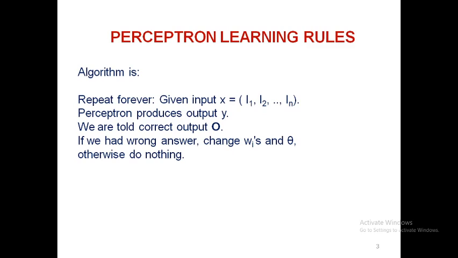The required output is O and the obtained output is Y. With the initially assumed weights and threshold, the perceptron obtains some output Y, but our required output is O. If we did not get the required output O, then we need to change the weights Wi and threshold theta. Otherwise there is no change in weights and threshold, because the obtained output is equal to the required output. But if it is not, then we need to change the weights and threshold till we obtain the required or correct output.